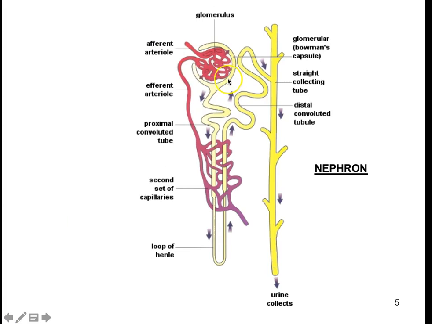into Bowman's capsule, because any fluid, whether it's blood or filtrate or urine, passes from high to low pressure. So if your blood pressure is robust, then you have no problem. You are going to filter a certain volume and purify that. Ta-da!